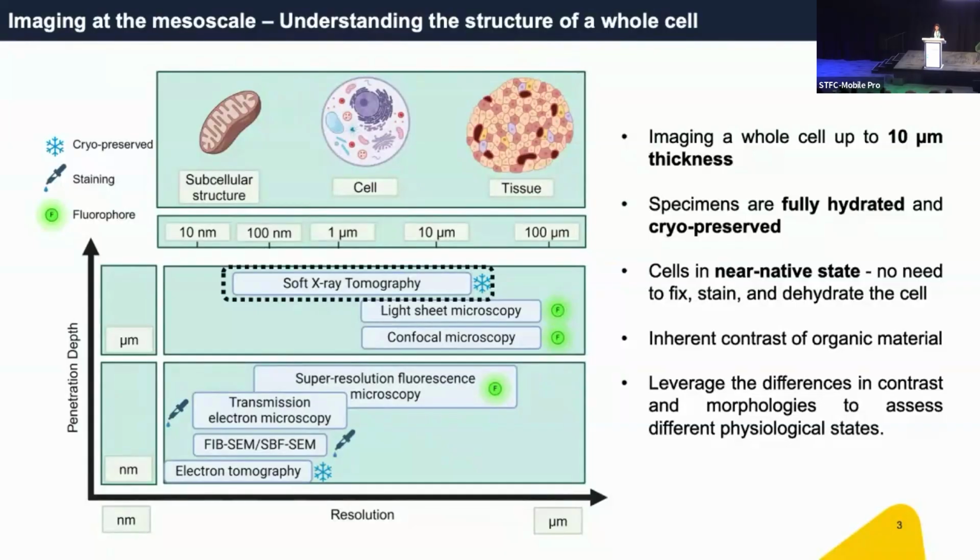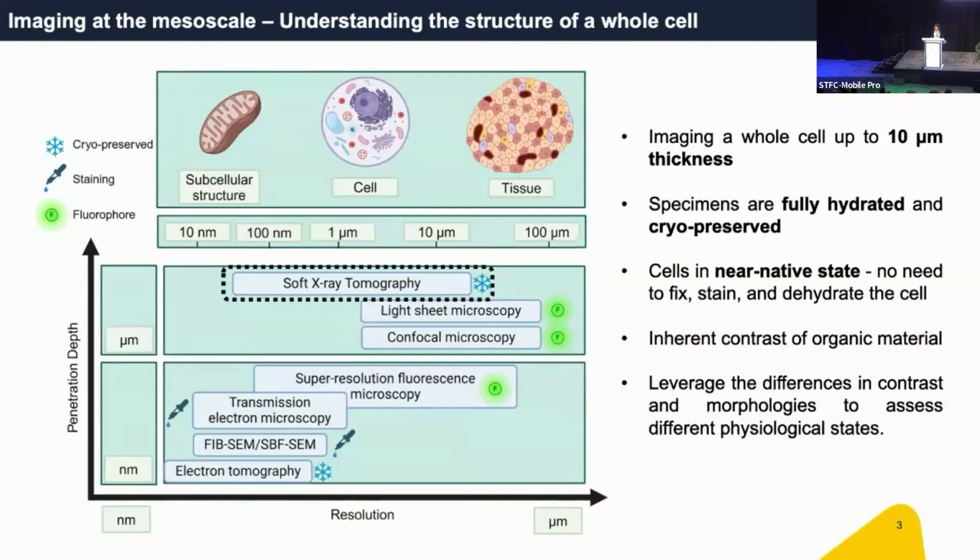This means that we don't alter the cell by fixing it or staining it or dehydrating it. We take advantage of the inherent organic contrast that is coming from the organic and bioorganic material of the cell, to explore the morphology and to assess differences in the structure.